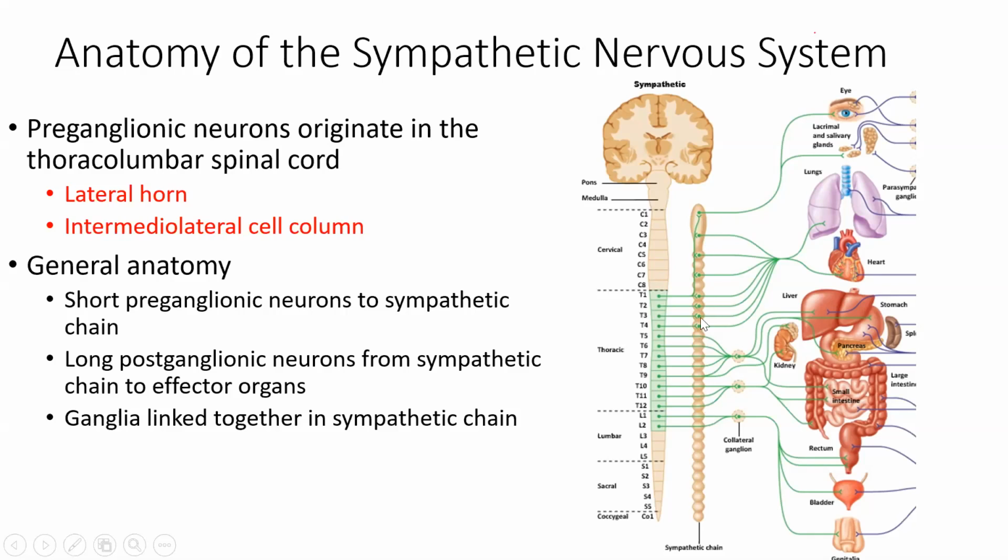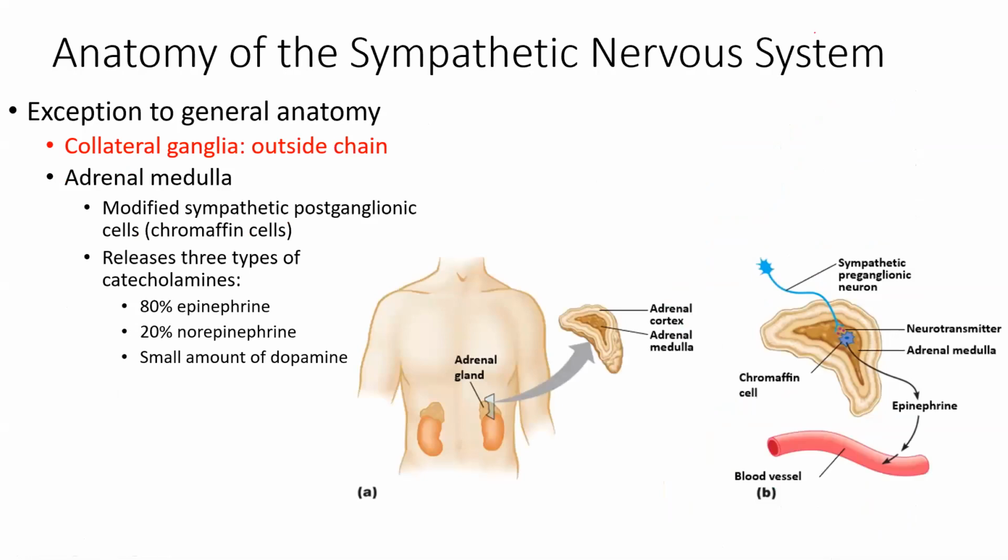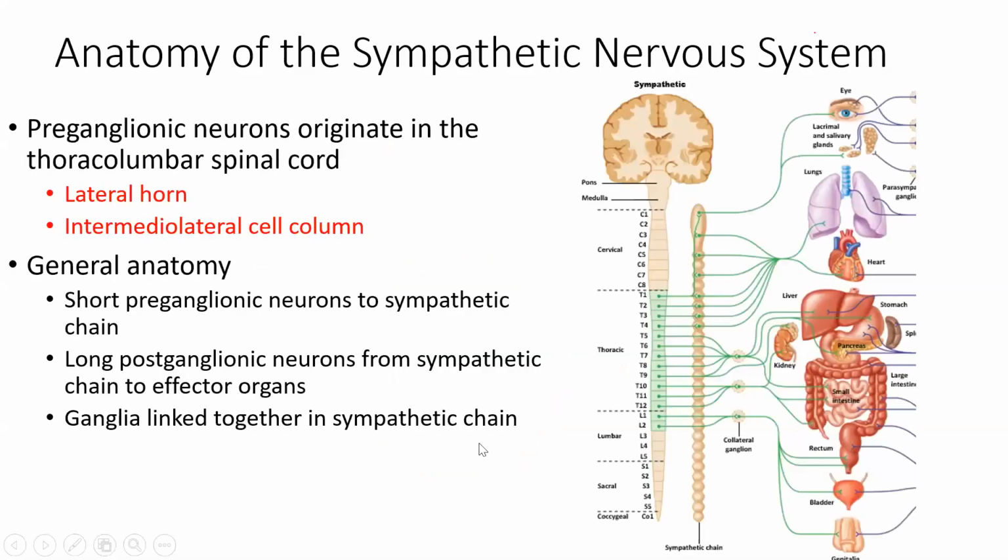Now, within the sympathetic nervous system, we have three methods of communication. Really important: three modes of communication from the spinal cord to those effector tissues. Most of the fibers are going to follow that first rule I talked about.